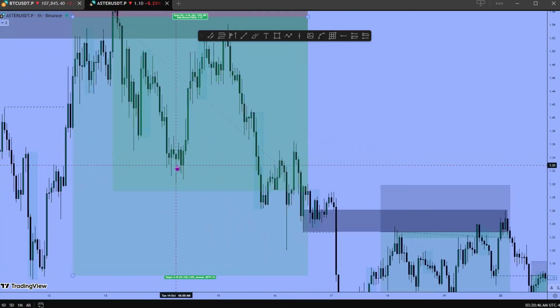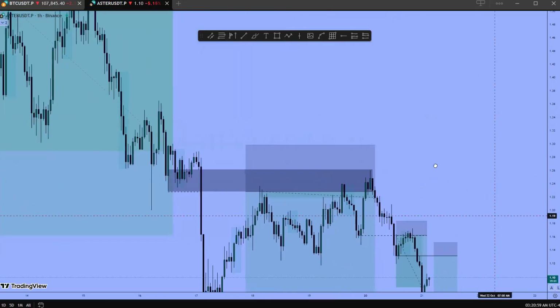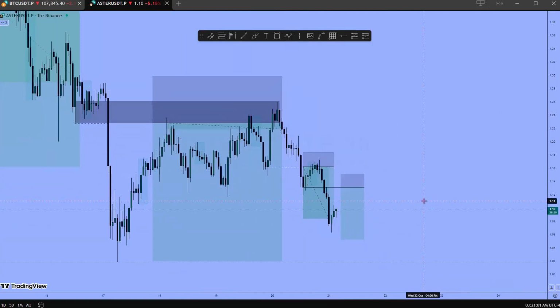This is a key level. This point is a key level for price to the downside. I think there is another point of key level again. So this is how key level works.